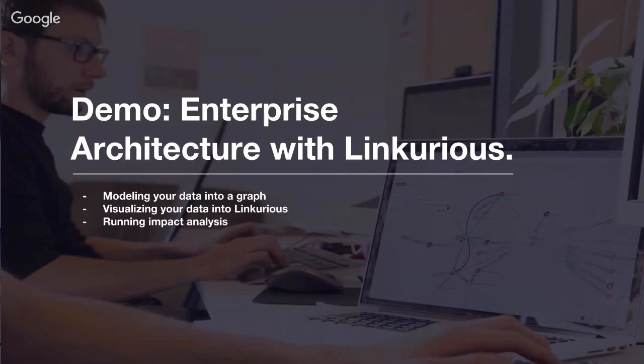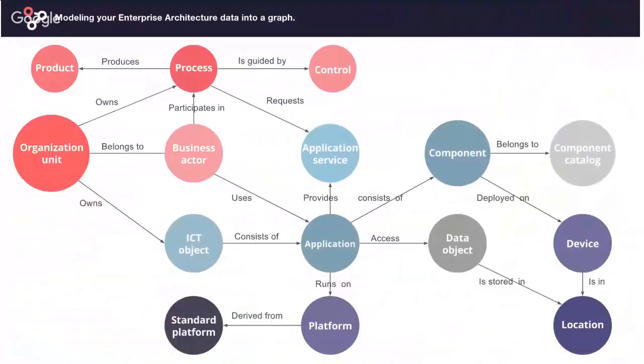Regarding the visualization, we will visualize multiple domains, systems, and processes. And finally, the idea of running the impact analysis will be to visually assess the risk and impact of a new project. So let's start by modeling your enterprise architecture data into a graph.